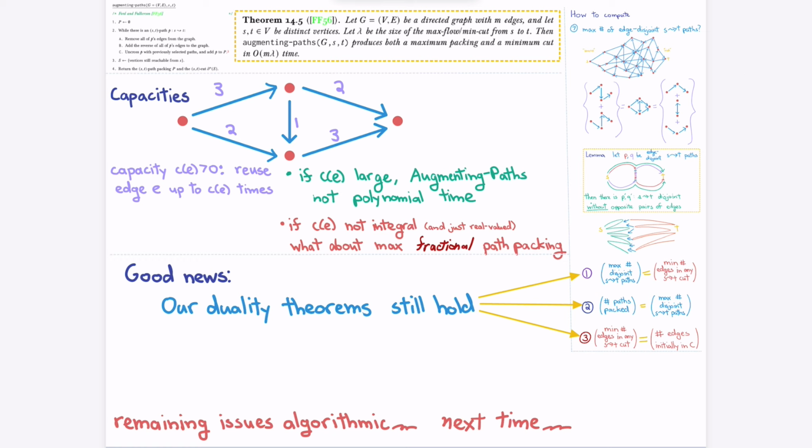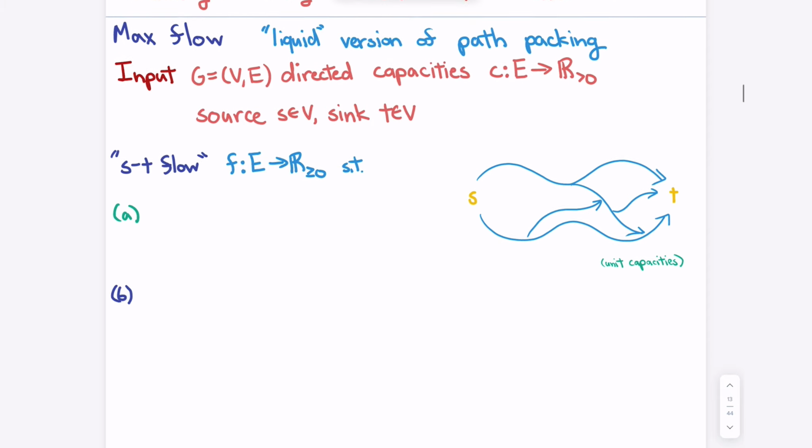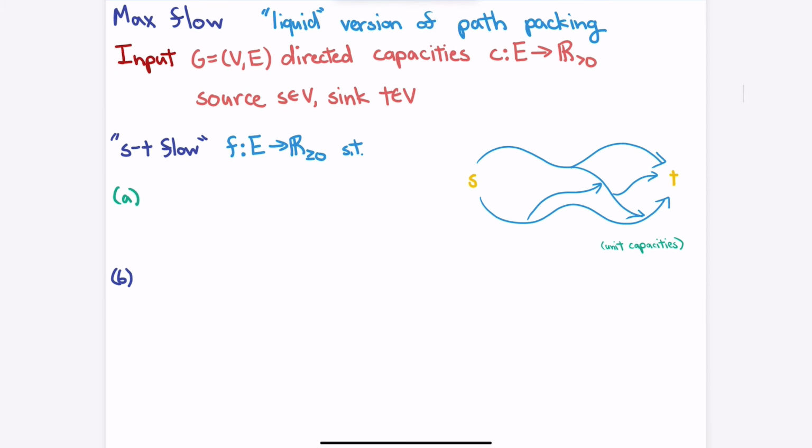I think especially with an eye on non-integral capacities, it's going to be helpful to look at what's called a linear relaxation. I'll explain that in a moment. You can think of it as like a liquid version of path packing, right?